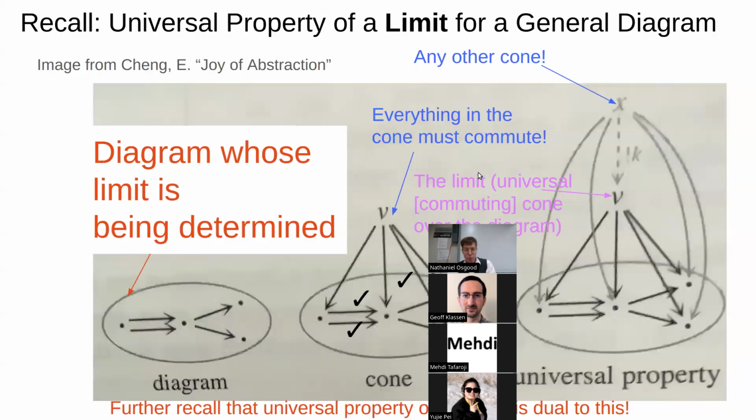You'll recall one limit is product. Remember, what's the product if I have two sets A, B on the one hand, and another set X, Y? What's the product of those in Set?